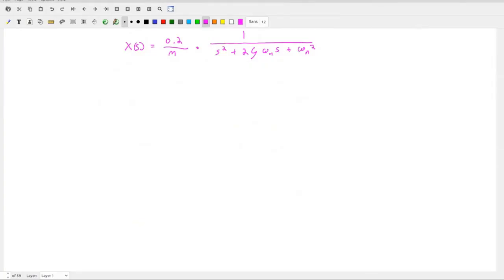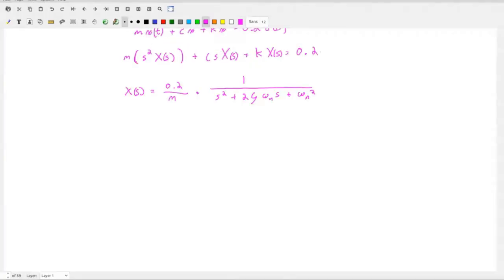Again, we can use number 10 in the Laplace table to take our inverse transform.